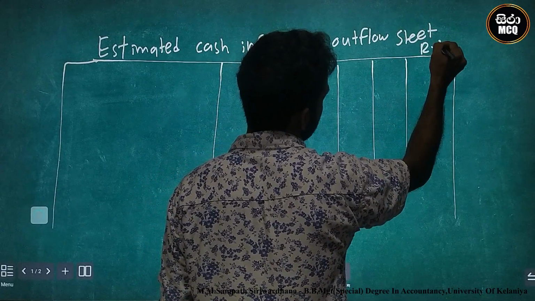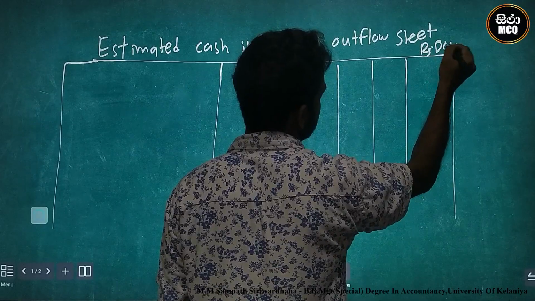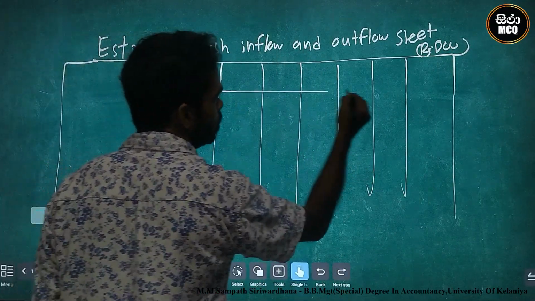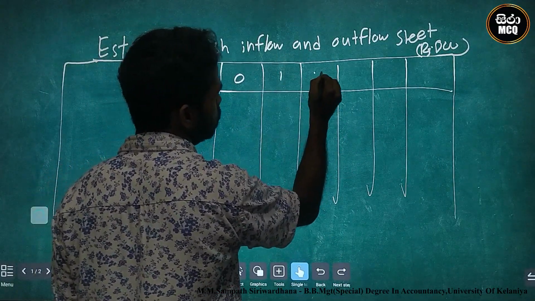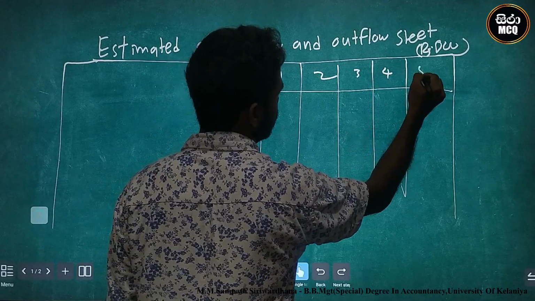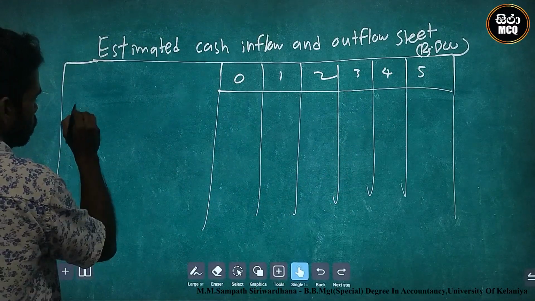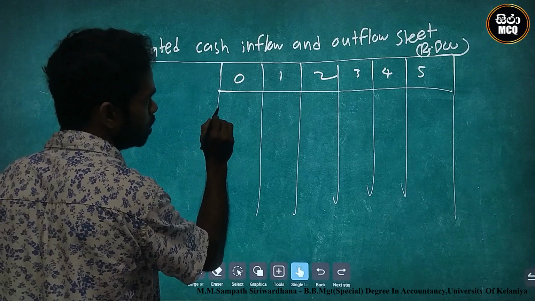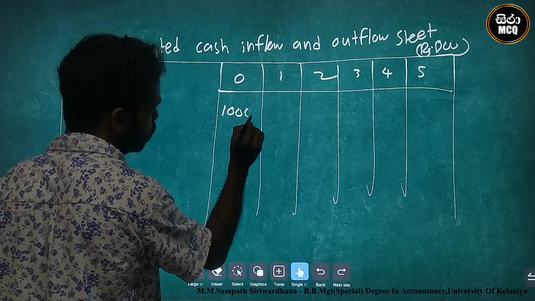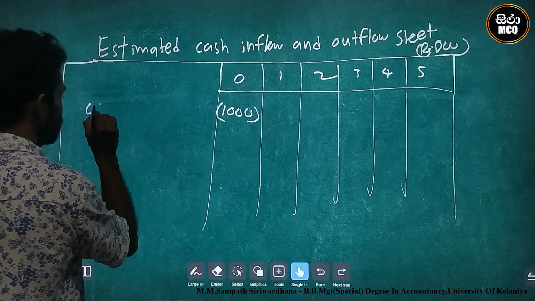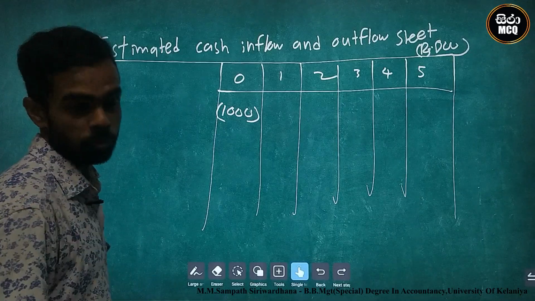This is 1000, rupees 1000. These are the years 0, 1, 2, 3, 4, 5. There is a cost incurred. There is a 1000 outflow. This is the cost of the new machine.